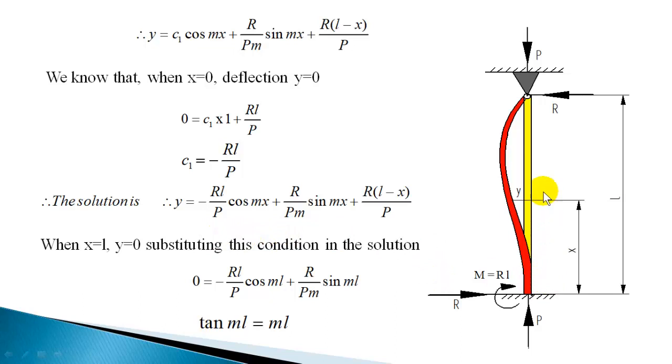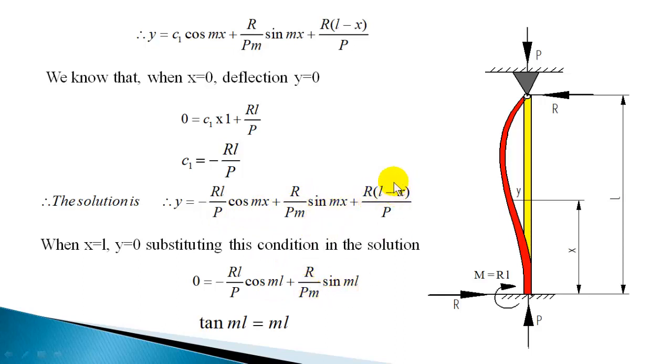Now the last condition which is known: when x is equal to L, deflection is 0. When x is L, that is here, y is 0. There is no deflection, it is fixed in position. So putting that condition, y is 0 when x is equal to L. Minus RL by P cos ml plus R by Pm sin ml.